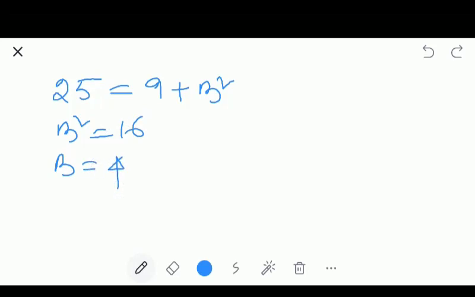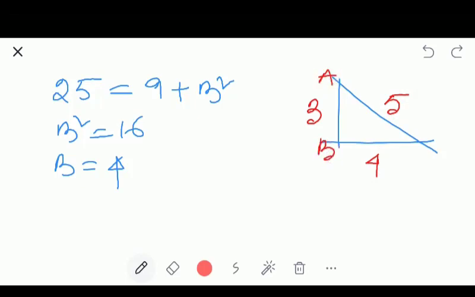So if we redraw that right angle triangle, now we have the values: the perpendicular is 3 unit, the base is 4 unit and the hypotenuse is 5 unit. We can name it as A, B and C, right? Now we can find out all of the trigonometric ratios with the help of this angle theta, right?